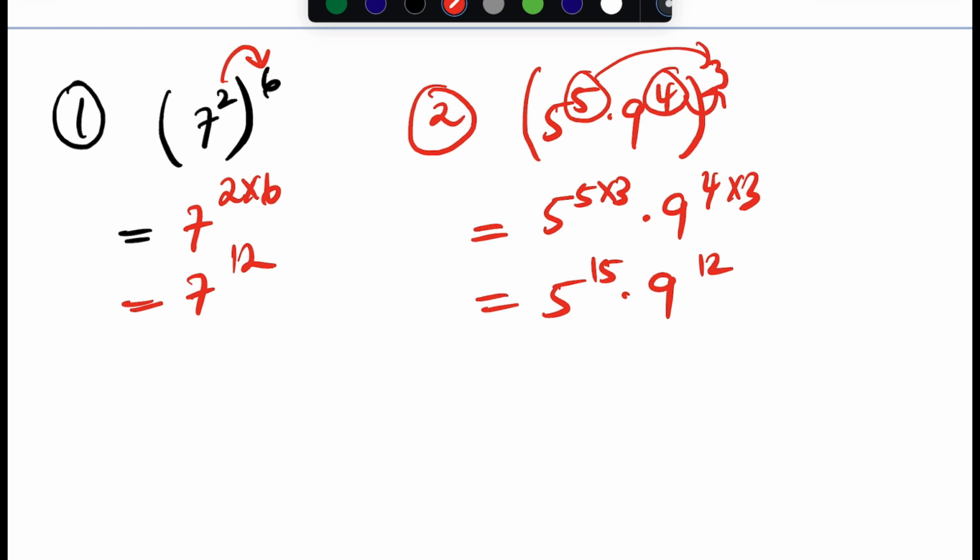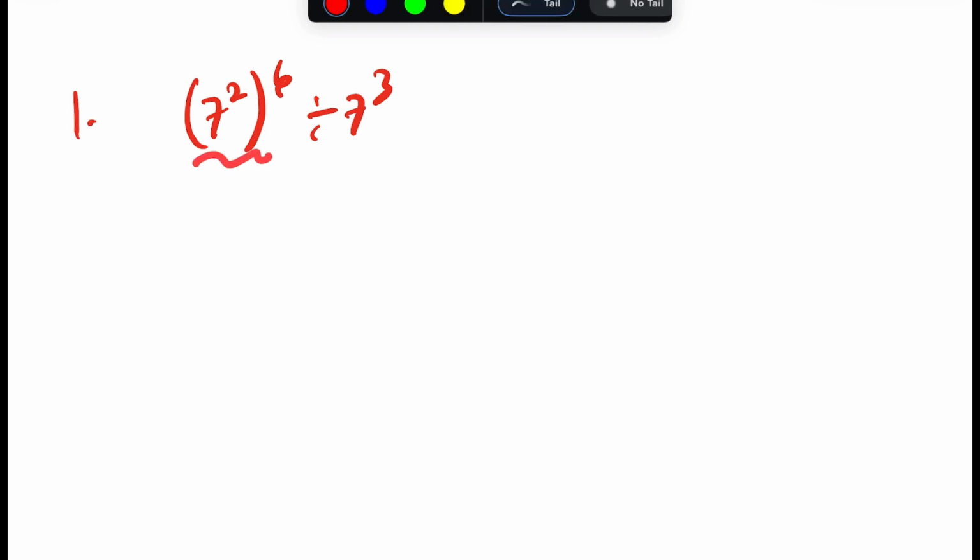And let's look at this next one. It's 7 to the power 2 times by 6 divided by 7 to the power 3. Okay, this involves law 3 and law 2. So this is what we're going to do.